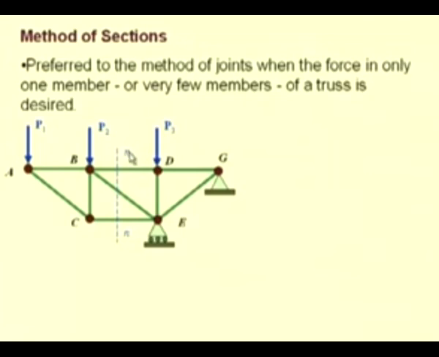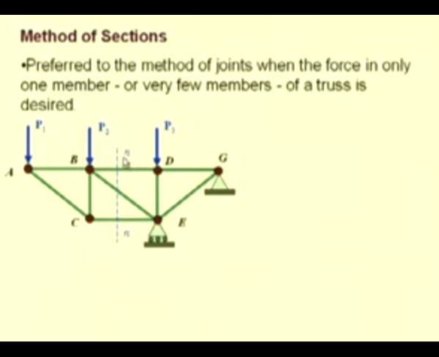So, the method of sections uses a portion of the truss and the free body diagram of the portion of the truss to determine the internal forces. Here, let us consider this section NN, which passes through the members BD, BE and CE, for which we are interested to find the forces.